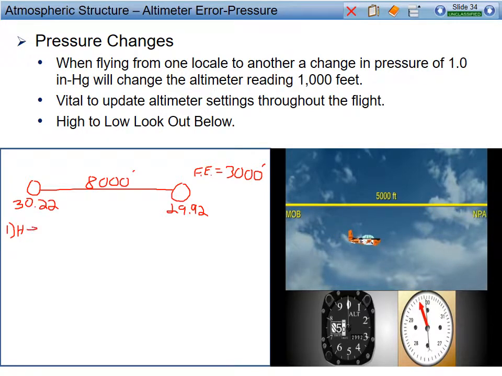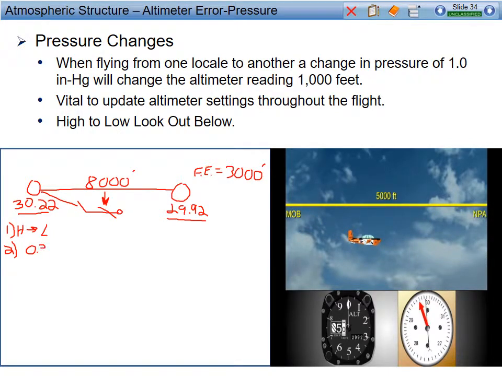So if you have the problem set up in this way, then you can answer these questions. First, what is the scenario? As we said before, the scenario is high to low. So you can draw your aircraft below your altitude assignment, indicating that you are now lower in true altitude than you plan to be. The second thing you have to find is what your altitude error is, and that is the difference between your starting and ending pressures.